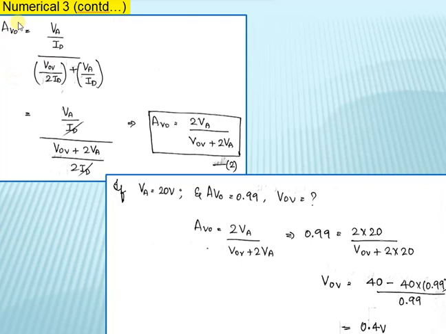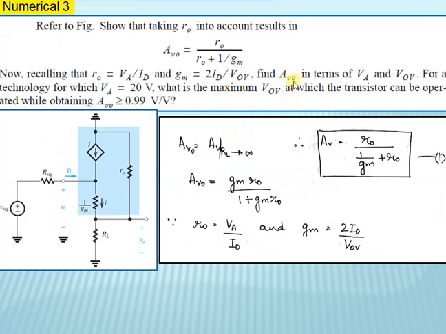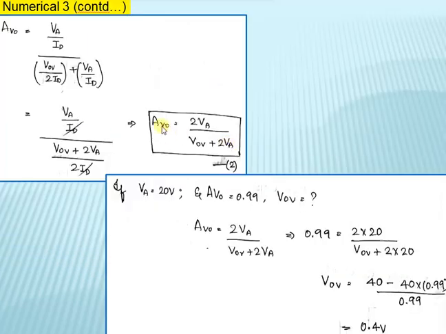So you can see here we have AV0 to be equal to R0 divided by 1 by GM plus R0. So substituting, we obtain the equation of AV0 to be equal to 2 VA divided by VOV plus 2 VA. So that is the value of the open loop circuit gain, which is denoted as equation number 2.